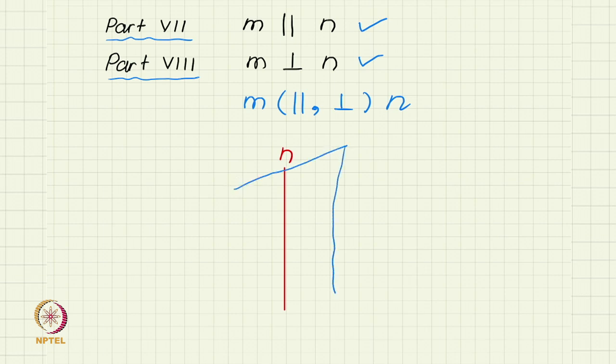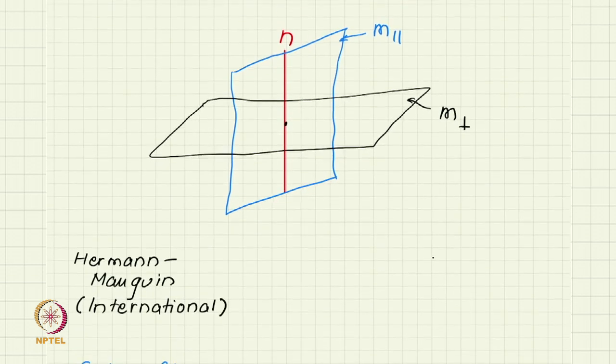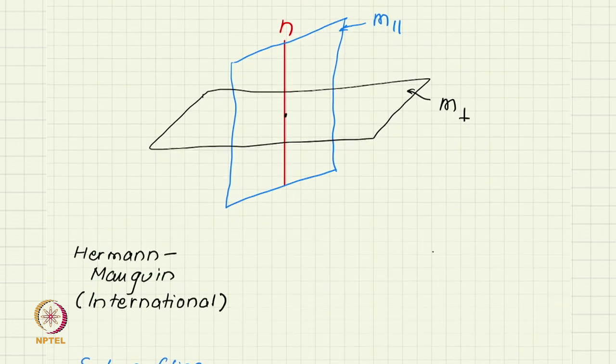Let me call it M parallel, shown in blue, and I also place a perpendicular mirror plane. Let me call it M perpendicular. So, what kind of group we will get is the objective of this video.